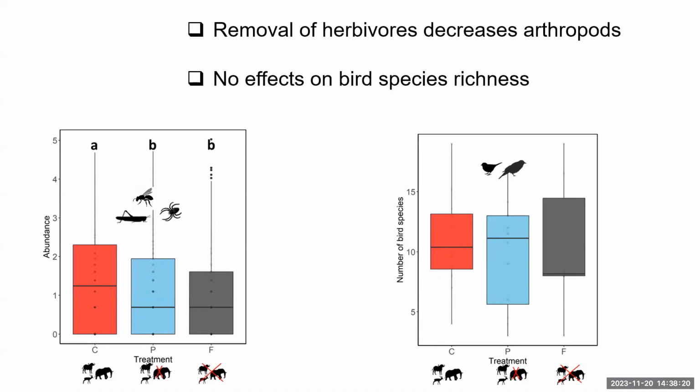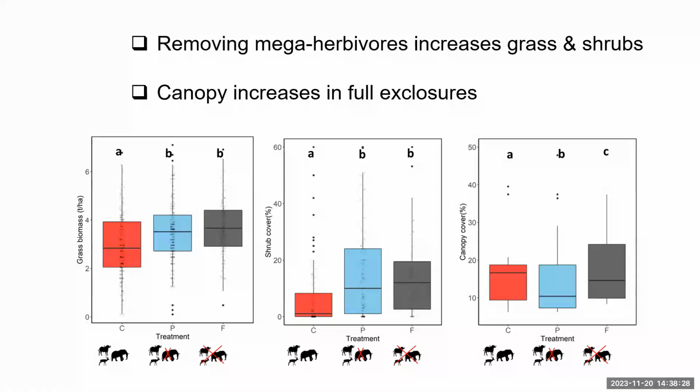In terms of variation in bird species richness, we did not see any variation between these treatments. In terms of vegetation structure, from the left, the figure shows variation in grass cover. The middle is shrub cover. If you look closely here at grass cover, so variation in grass biomass, you see that when we remove large herbivores from the system, we tend to see a climb in grass cover.